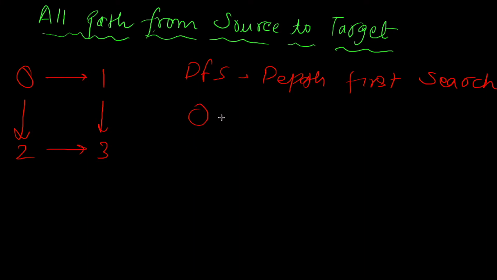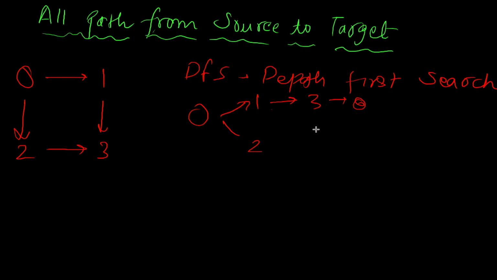From 0, I can go to 1 or I can go to 2. I take one path, and I first traverse all of the nodes of 1. From 1, I can go to 3, and then I cannot go anywhere.